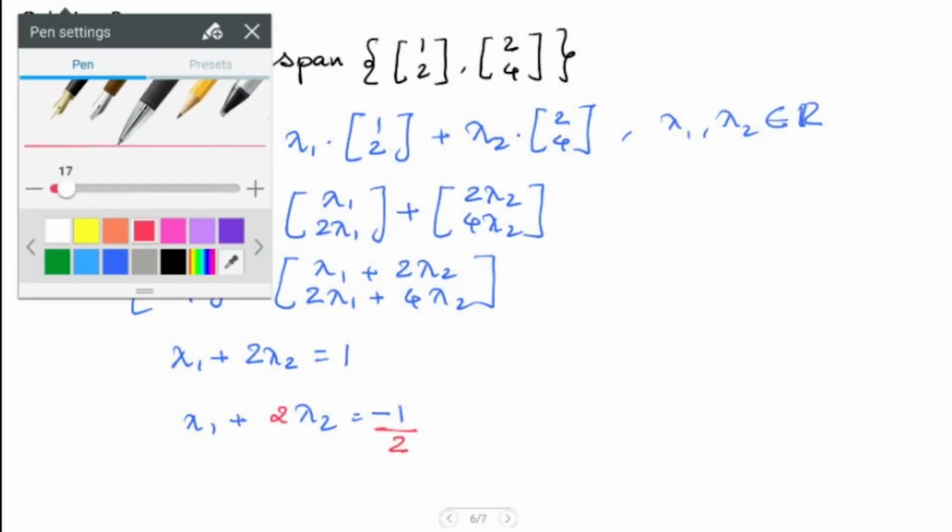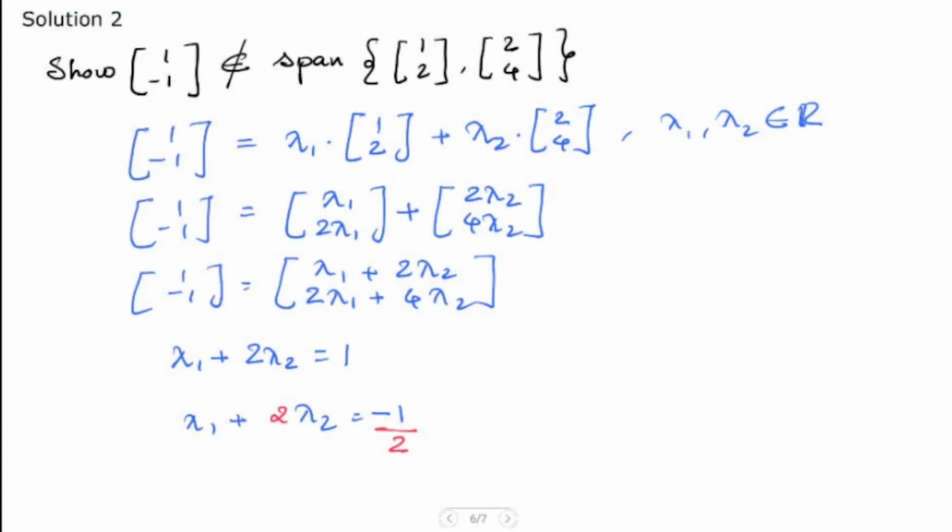Now in this situation, what you're seeing is we have lambda 1 plus 2 lambda 2 is equal to 1, and here we have lambda 1 plus 2 lambda 2 is equal to half. So it's the same two numbers, lambda 1 and lambda 2, and in both equations lambda 2 is being multiplied by 2, and you're just directly adding lambda 1. But both times they are giving different solutions.